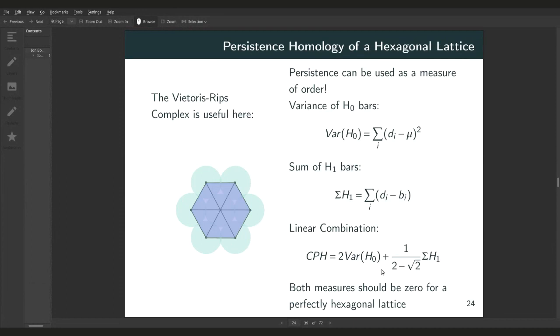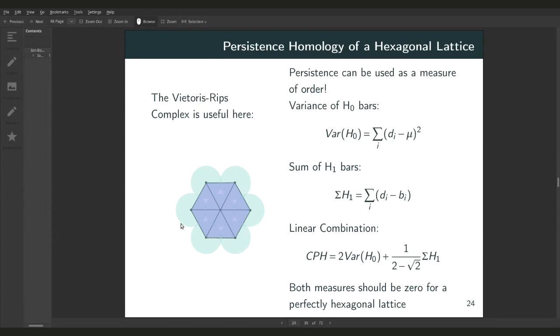I chose these scale parameters so that if we choose an edge length of 1, meaning the distance between two nanodots is 1 in our hexagonal lattice, then this combination should range from 0 to 1. You can take this technique not just for hexagonal lattices, but persistence gives you a clear indicator of a number of different lattice structures.